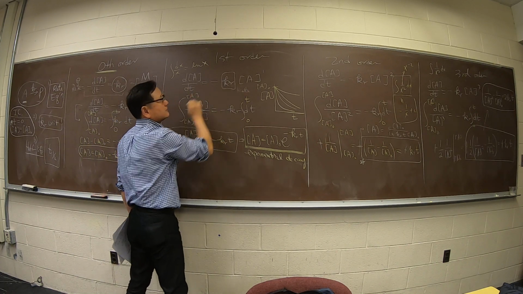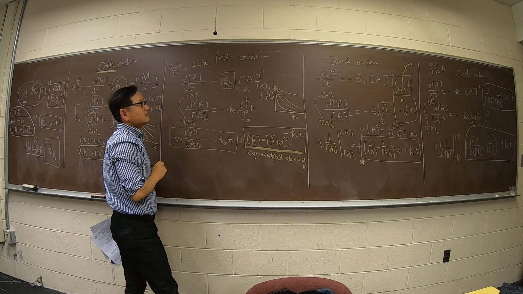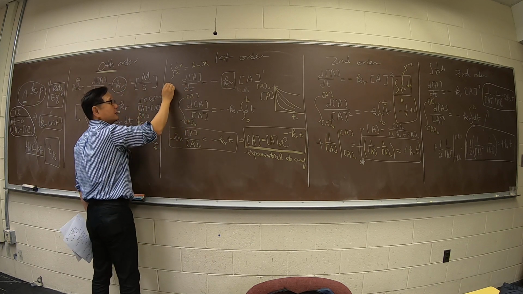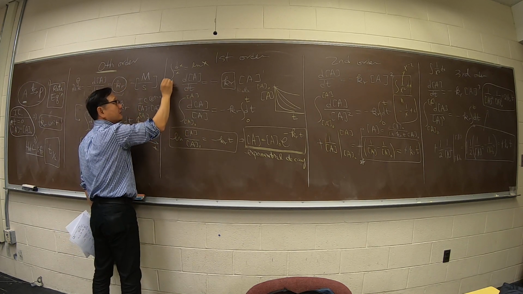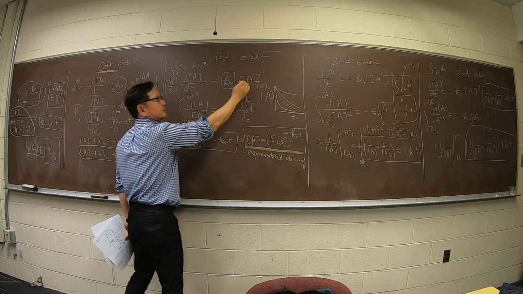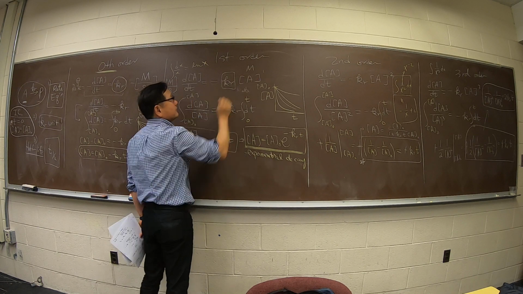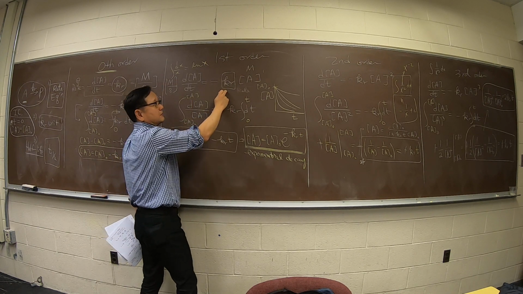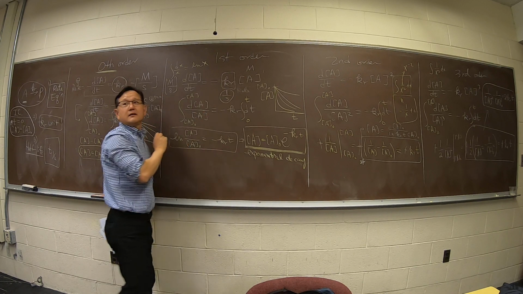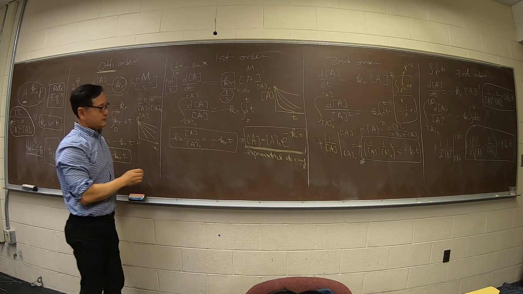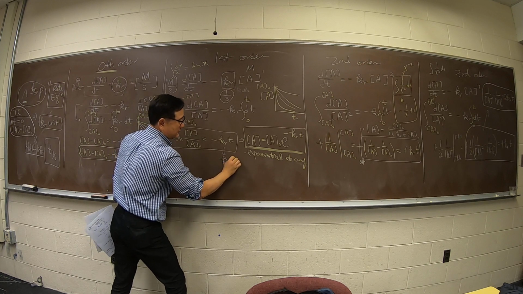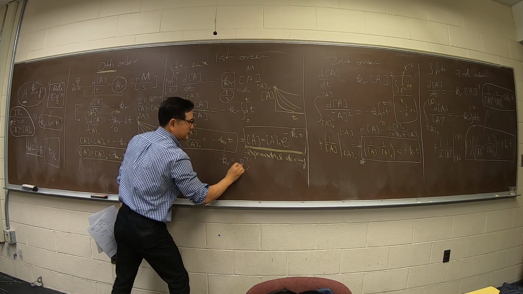The answer is essentially M over second. That's always the rate. And then this is M. So therefore this one is 1 over second. Okay? So that's the unit for this. So kR has a unit of 1 over second.